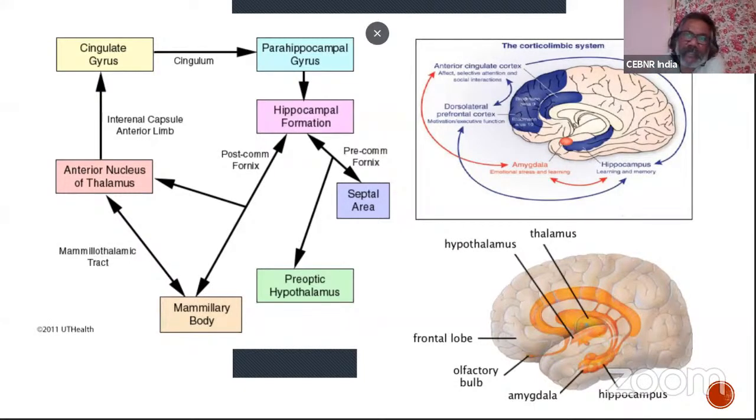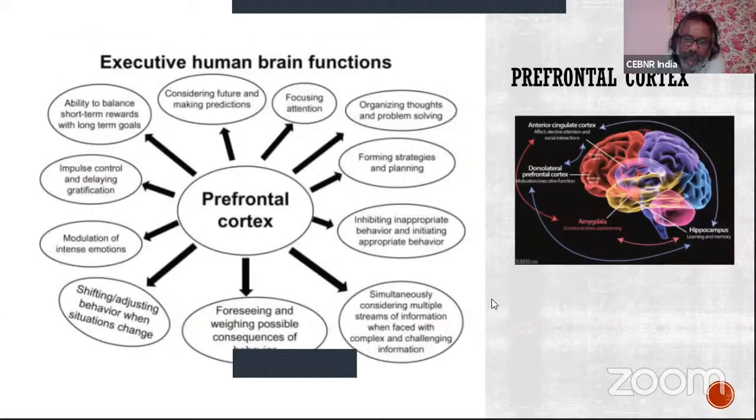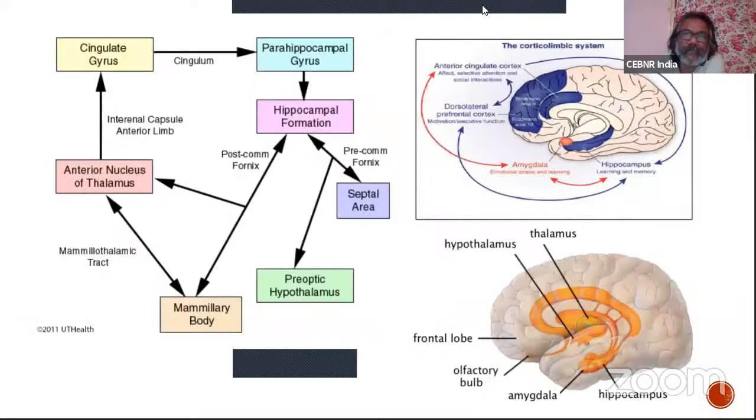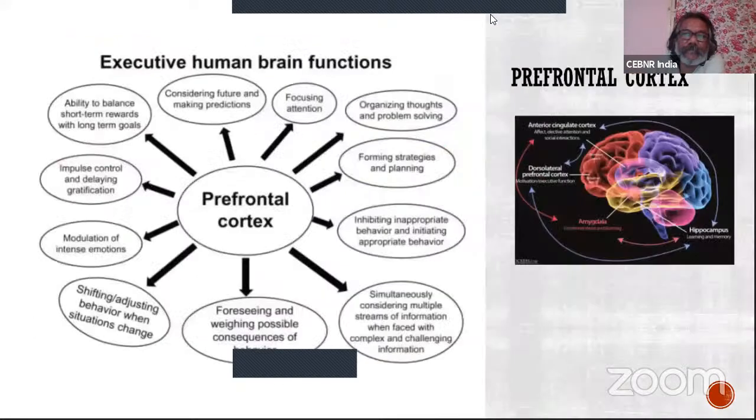So the next question I'm going to ask you is, what are the functions of your frontal cortex? There are probably 10 or 20 functions which you can write, but give one or two. Remember, if you are below 25, your frontal cortex has not fully developed.